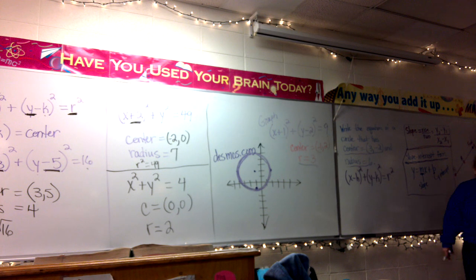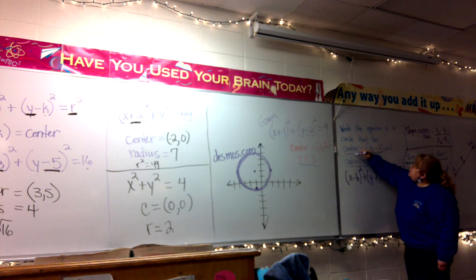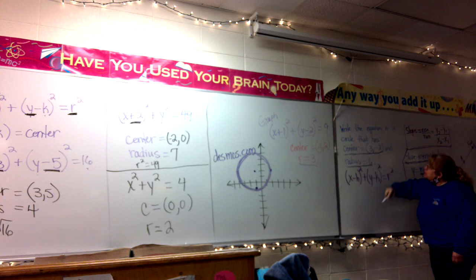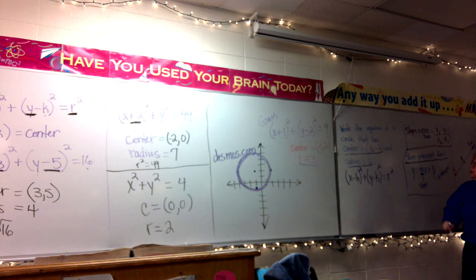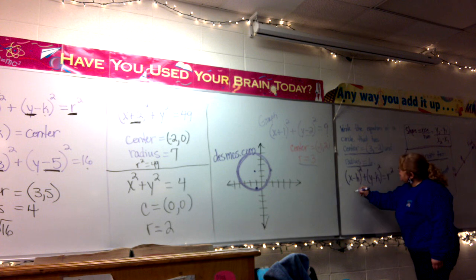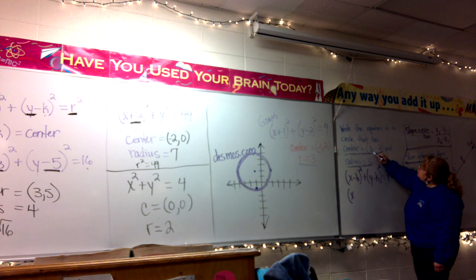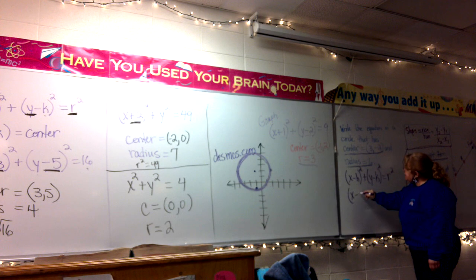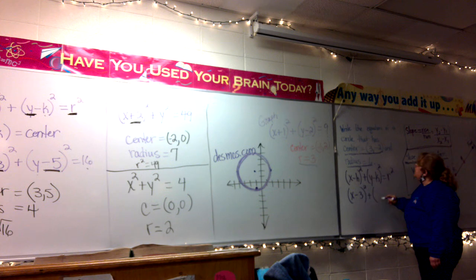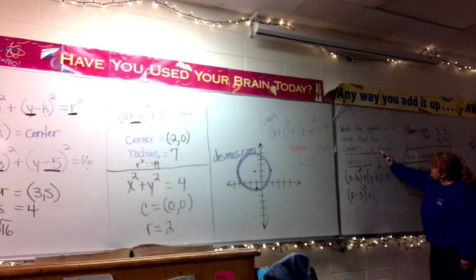Well, anyway, this should be fairly easy today, I think. The only other thing you're going to do is use the center and the radius to make the equation. Remember, when you plug it in here, it's going to be the opposite. So if the center coordinate is a 3, then it's going to be minus 3 there. Don't forget to square it. If the center coordinate is negative 2, then it'll be y plus 2.